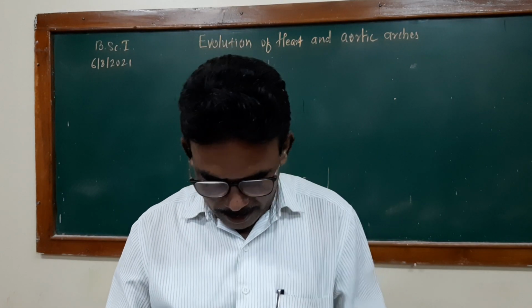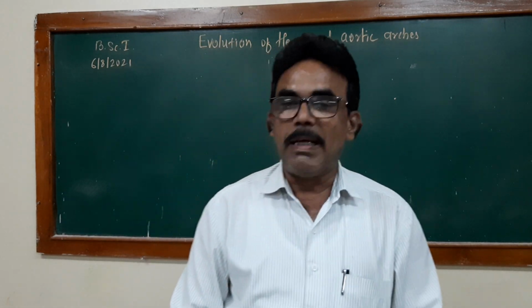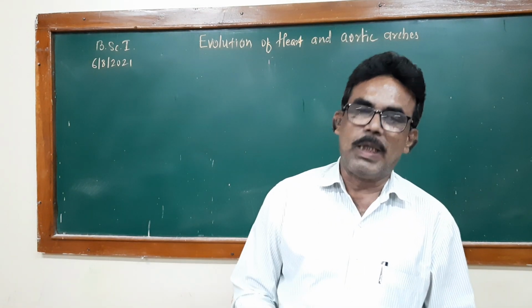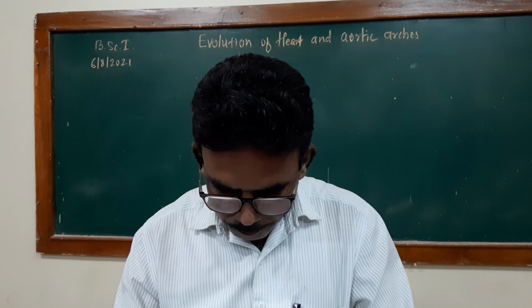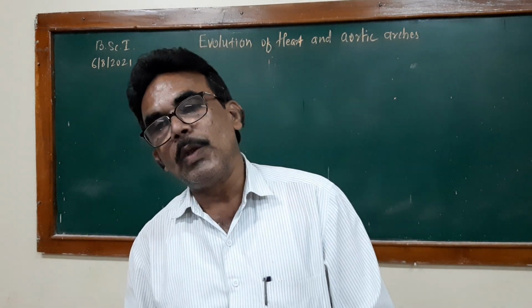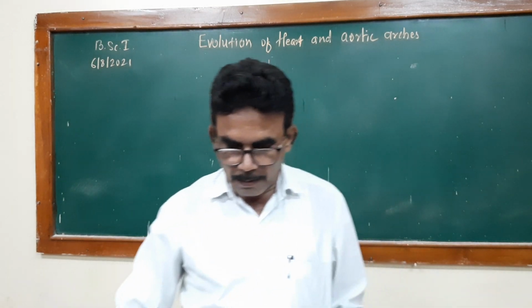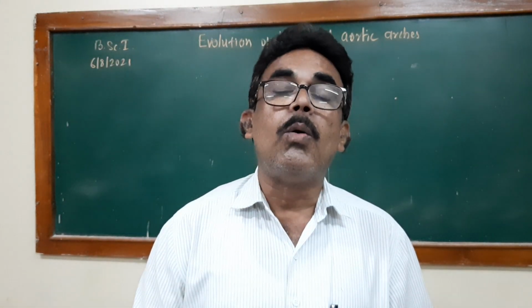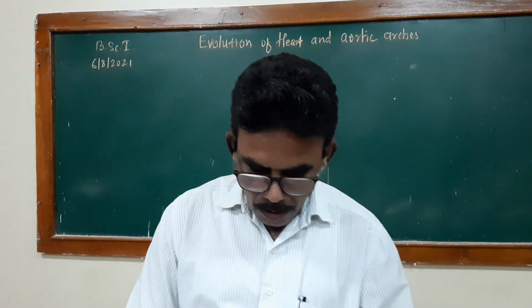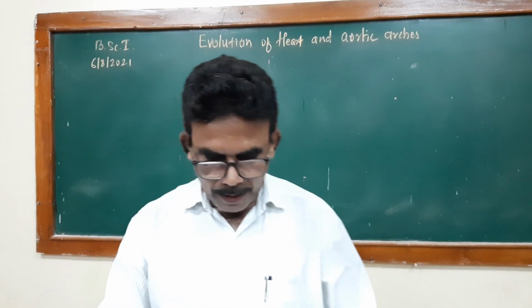That is, you can say the waste product after metabolism may be removed from the body through the excretory system. Then hormones and the endocrine system are also there, which maintain the homeostasis or constancy of the internal environment.